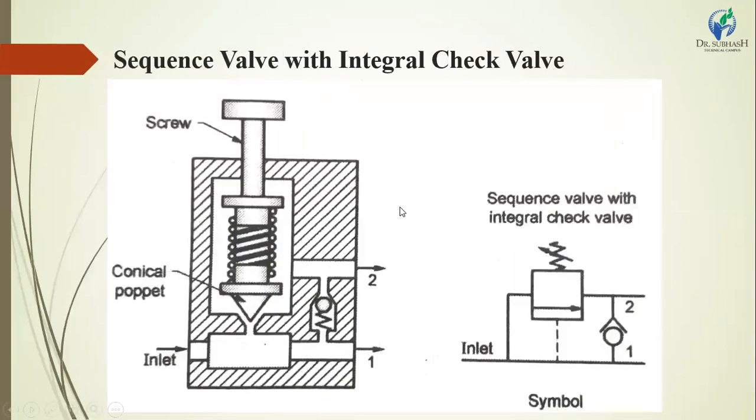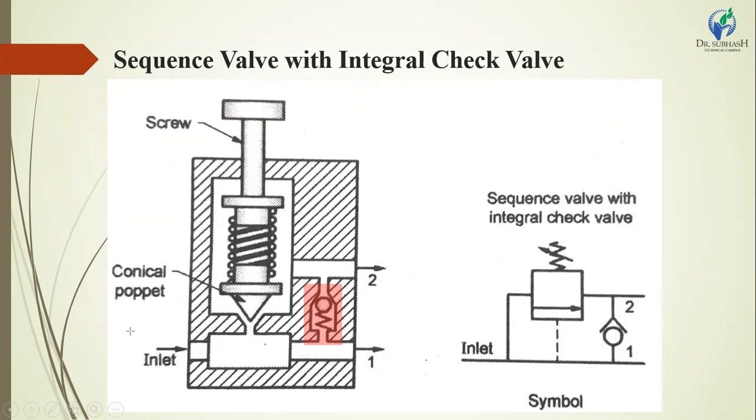The next is a sequence valve with an integral check valve. Here the procedure and working methodology are the same, but at the center point one integral check valve is mounted.